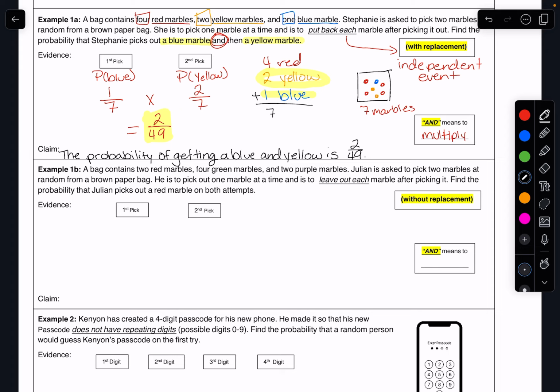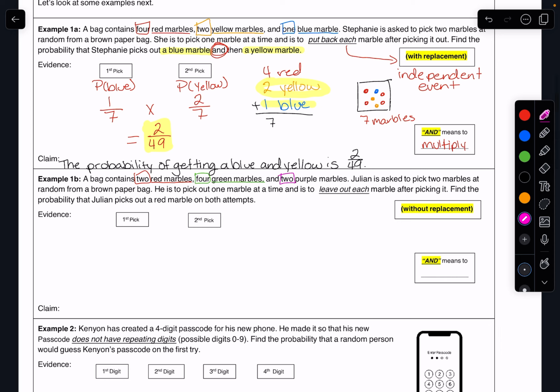Okay, this next one says it's the same example, but this time there are 2 red marbles, 4 green marbles, and 2 purple marbles. Okay, and Julian is asked to pick 2 marbles at random from a brown paper bag.